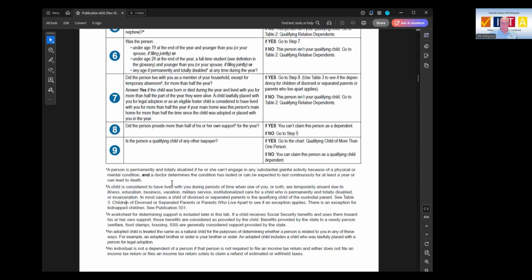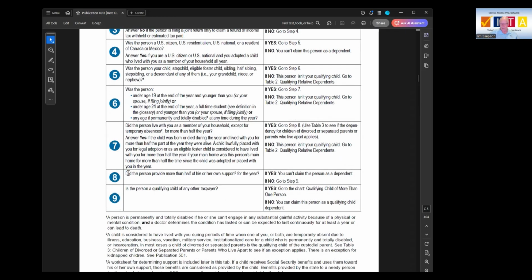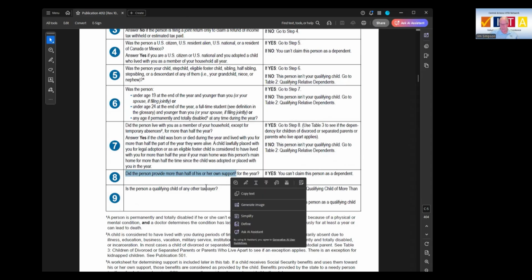So I wanted to kind of point that out. I think I've covered this; it's just another way of going through and determining all of that. Here's the other one. Did the person provide more than half of his or her own support? It's not asking, did you support them for more than half the year.